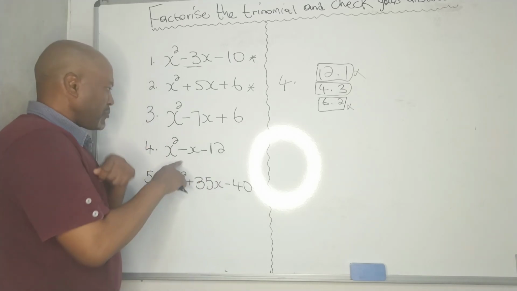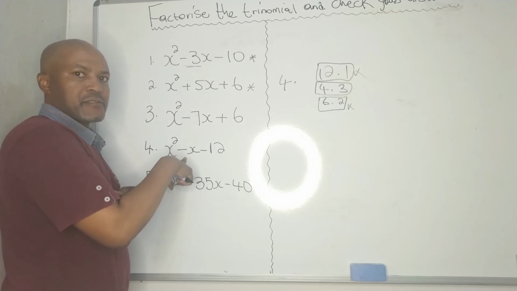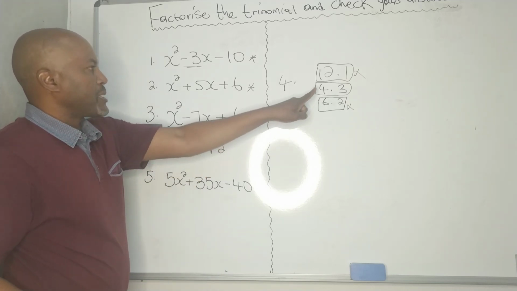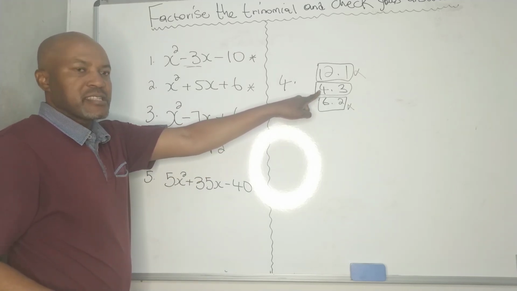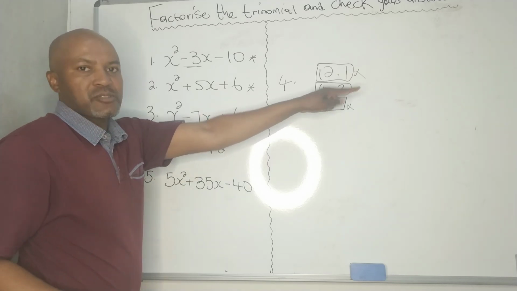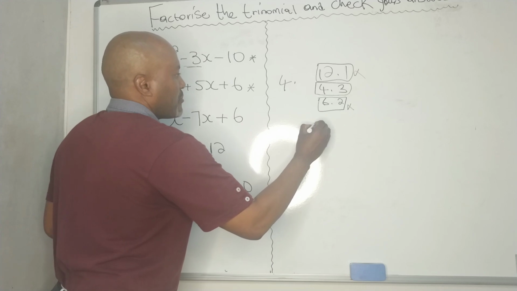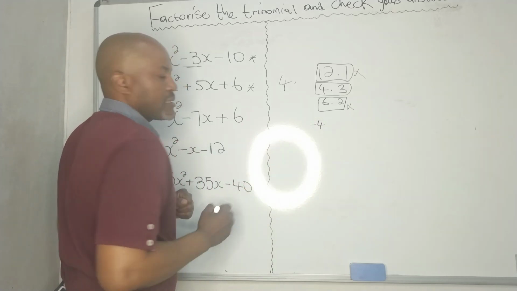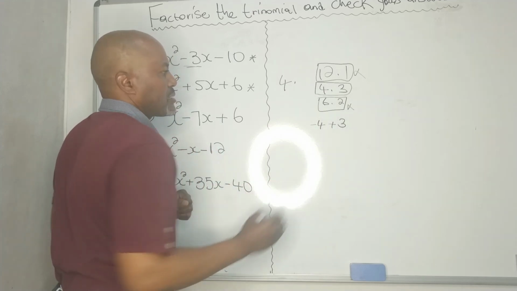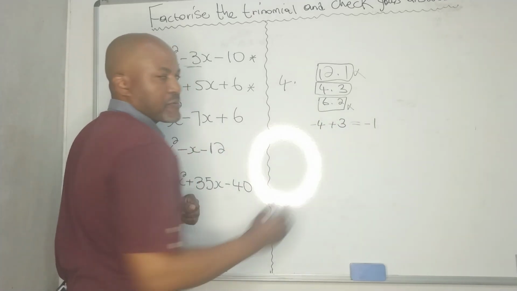The middle term has got a negative sign, meaning that the bigger number here should have a negative sign, because I need to subtract this in order to get 1. So it means 4 must take a negative sign, and 3 should get a positive, because if I add this, obviously I'm going to get negative 1.